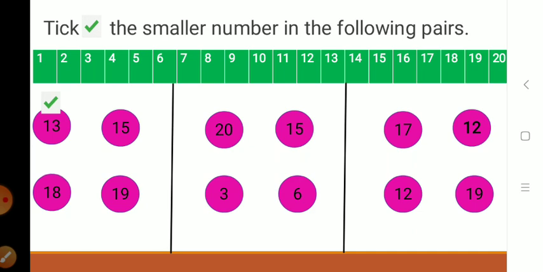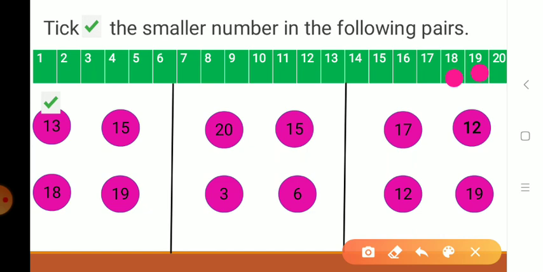Now see the next pair: 18 and 19. Again you have to check both numbers. Where is the 18? 18 is here. See where I gave the dot, below the 18. And now see where is the number 19? After 18.